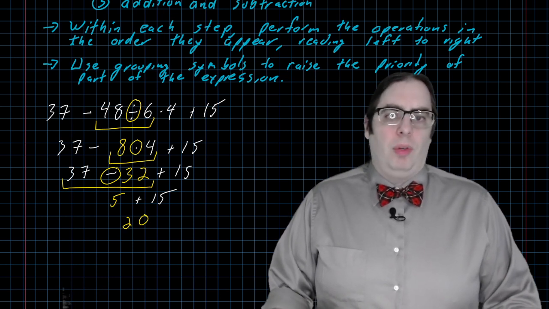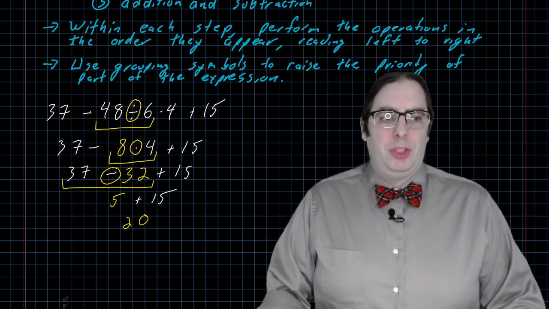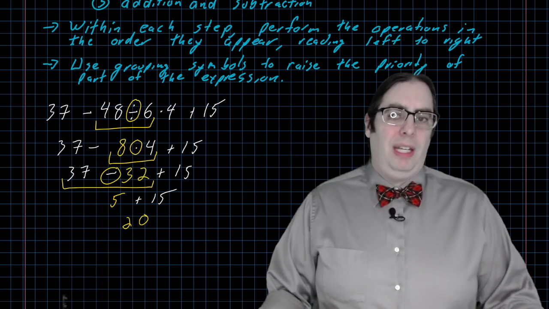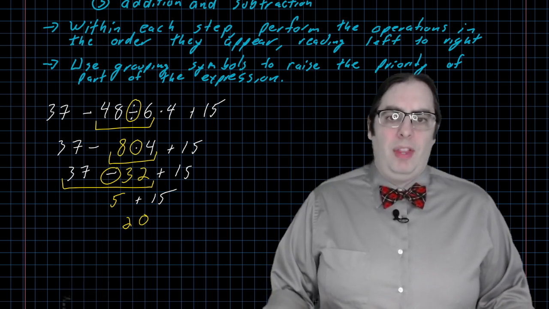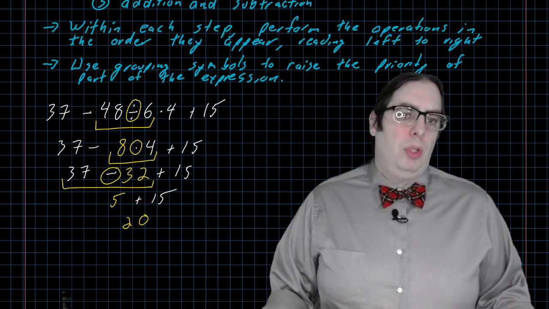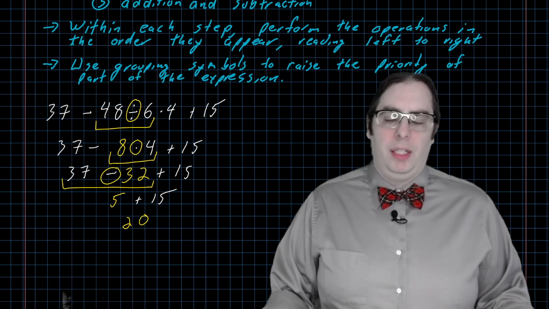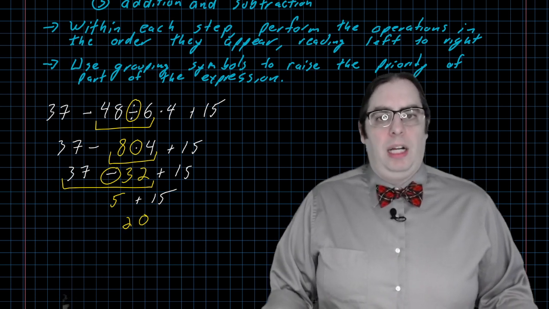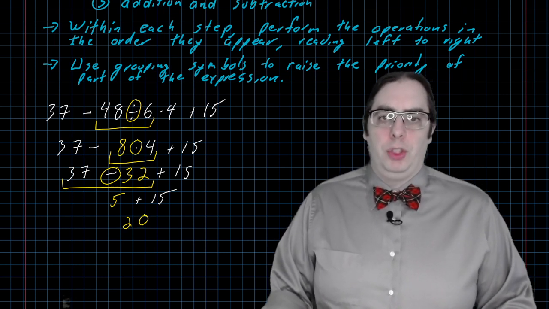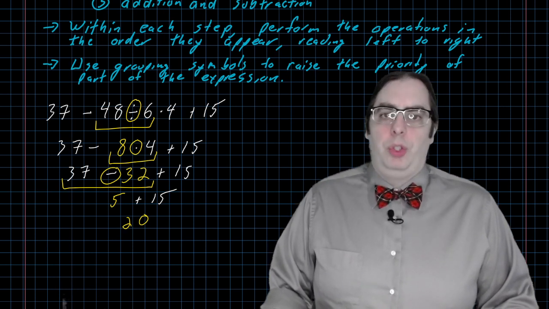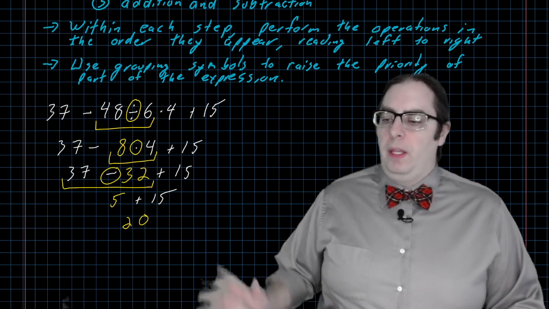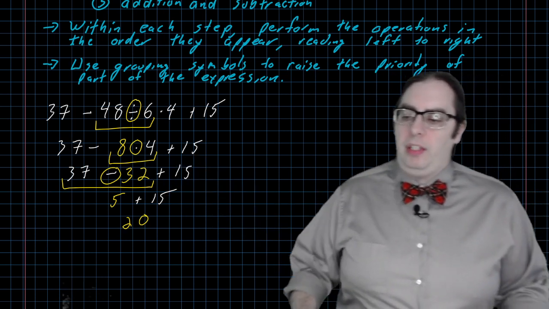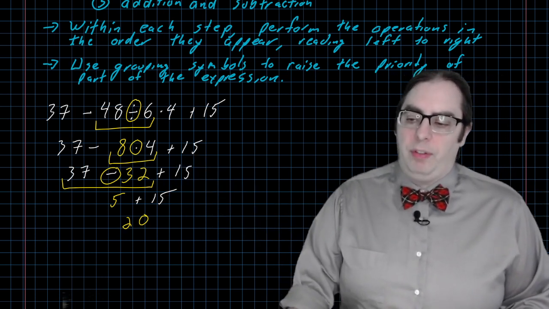The second reason, that I am not sure how much I trust but is worth paying attention to, is that if you know the order of operations and you know a couple of rules of estimating, you can get a good idea of what the result should be when you evaluate before you do the calculations, right? 37 minus 48 divided by 6 times 4 plus 15.